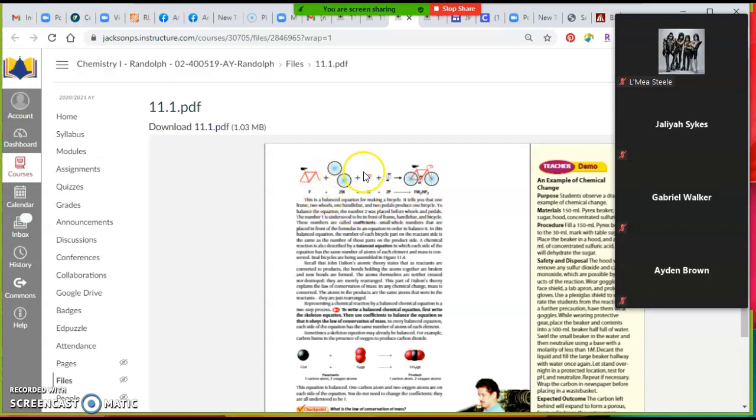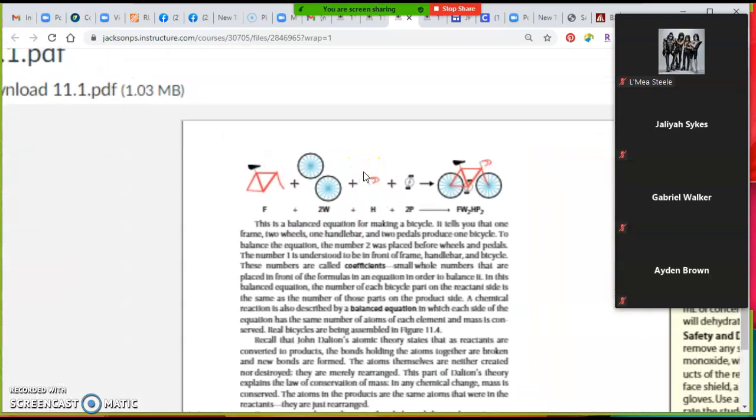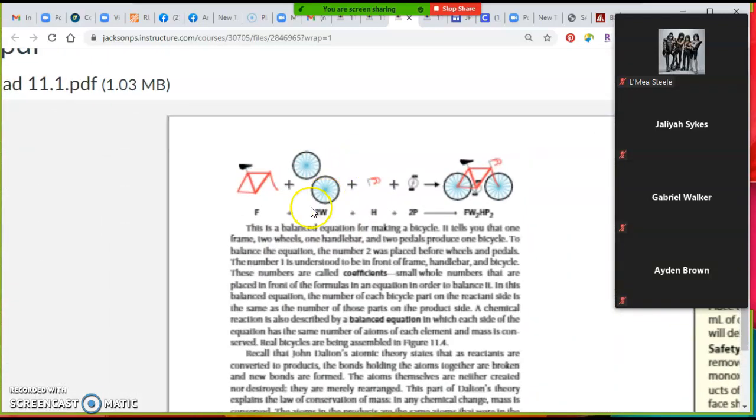Now, if you take a much closer look, you'll notice that they use prefixes when they talked about all of these items. In other words, this is one frame, 2 wheels, 1 set of handlebars, 2 sets of pedals. Yields 1 frame, 2 wheels, a set of handlebars, and 2 pedals. That is a balanced equation.